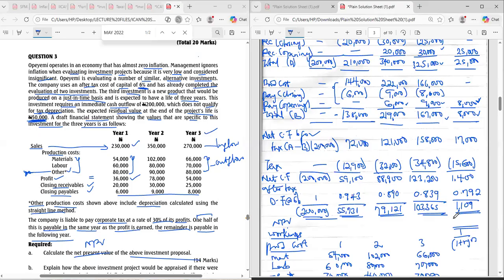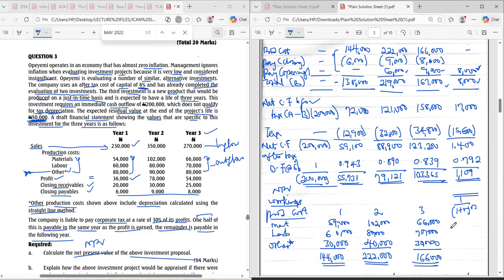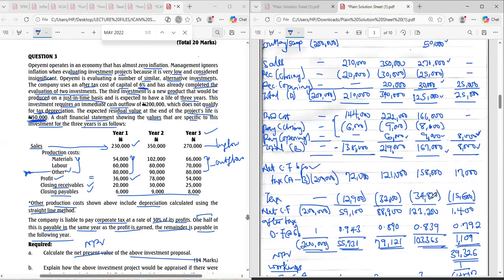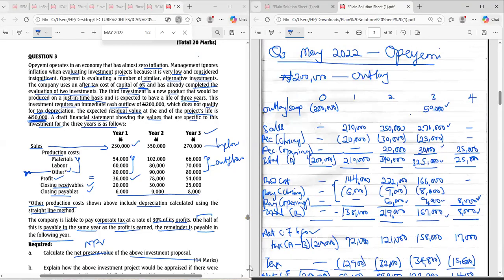What do you get? Add up all the positives and take out the negative. What do you get? $39,326. Positive. That's the answer. Am I making sense? All right. If that is fine, I'm not waiting for you to write.